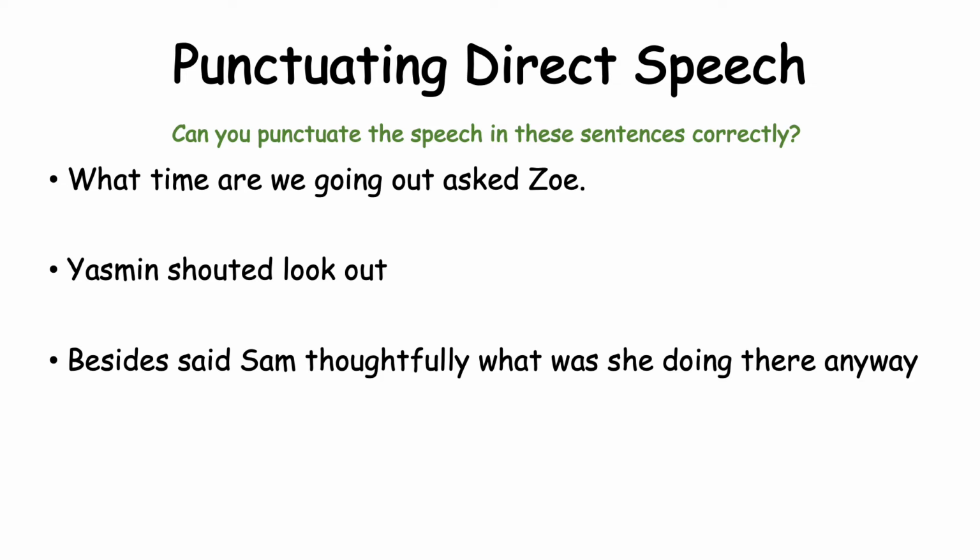We need to have our inverted comma. "What time are we going out?" So what kind of punctuation do you need after the word out? You're right, it is a question. So it needs a question mark and then inverted commas. Let's see if you are right.